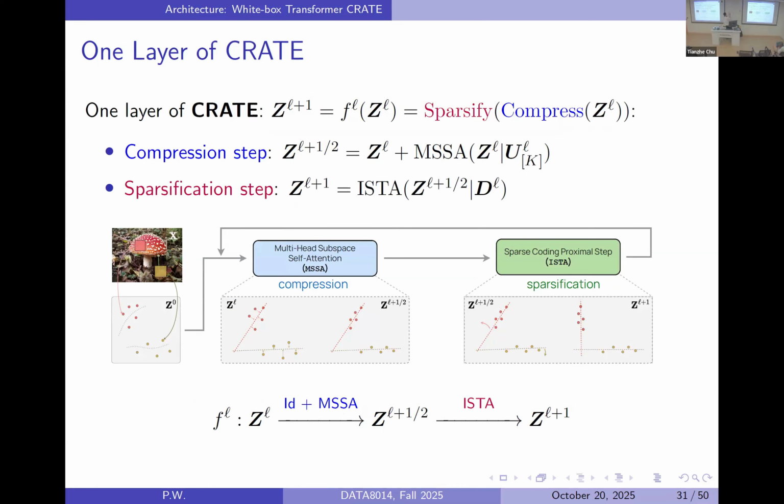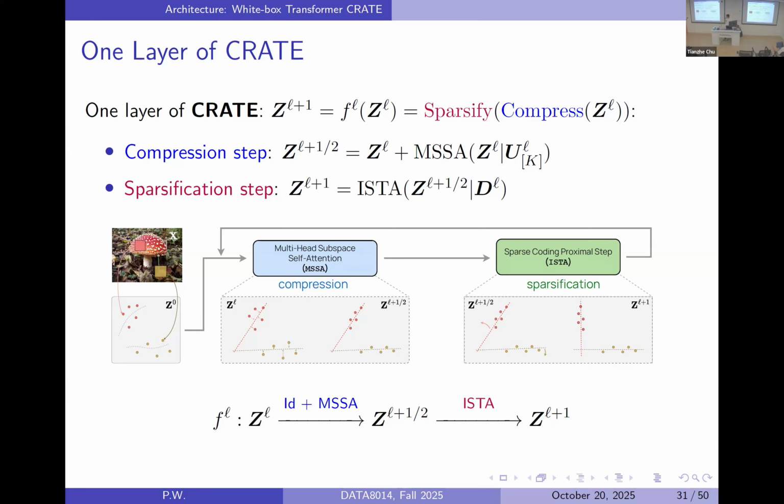For short, C-R-A-T-E: Coding RAte TransformEr. For short, call it CRATE.